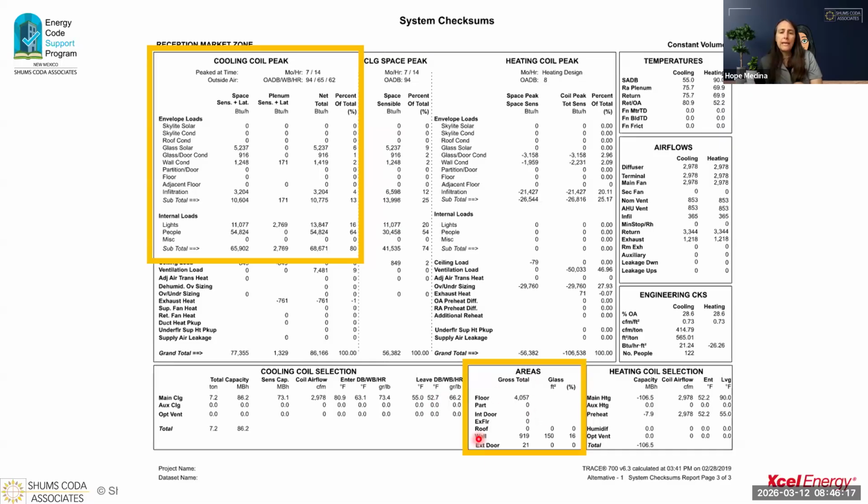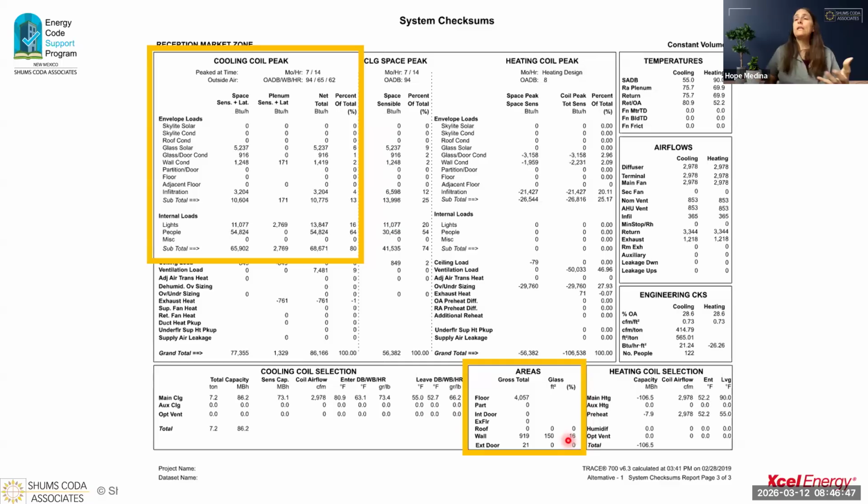We also want to come down here and take a look at the gross area that's involved with this reception market zone, right? So it's telling me that my floor area is 4,057, and then it says my wall has a gross area of 919, and more importantly, it has 150 square feet of glass, which in turn tells me that wall is 16% glass.